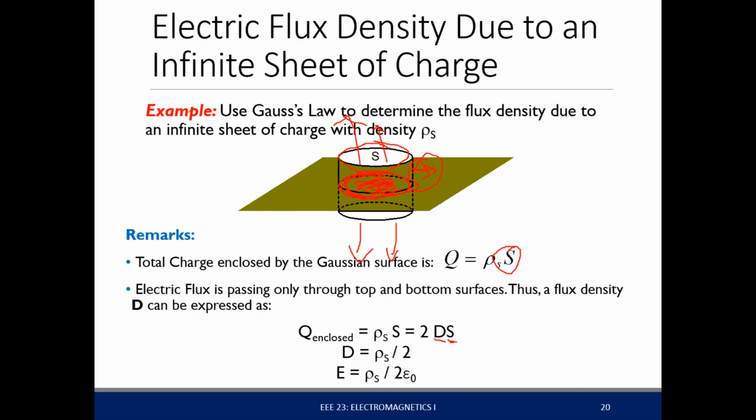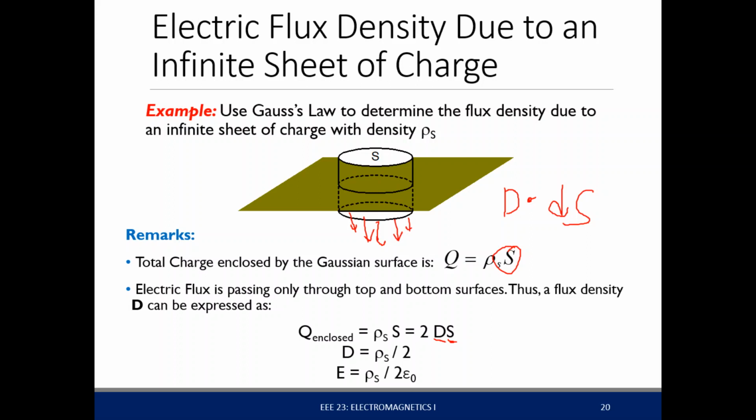It's because, recall, it's D dotted with dS. In this case, there's an electric field in this direction, and the surface area vector in the bottom part is going towards the same direction.